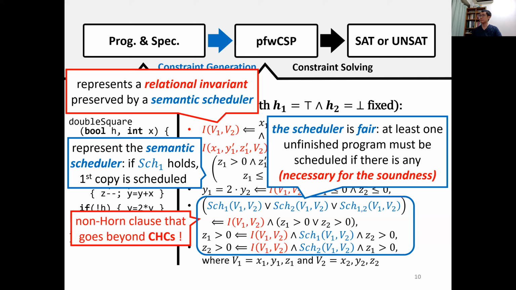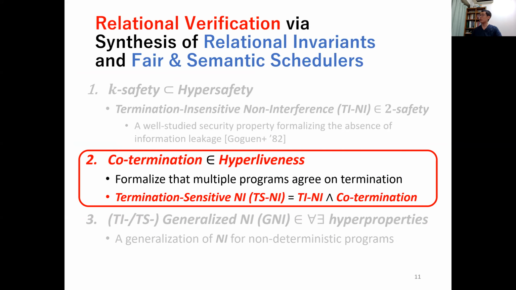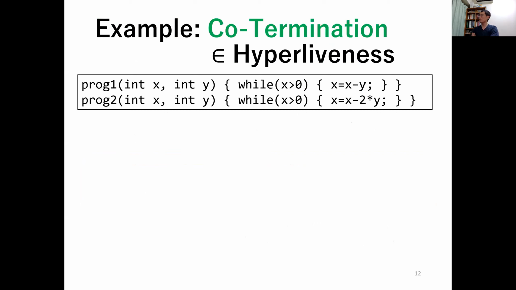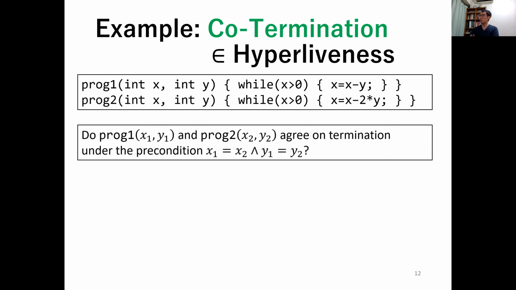Okay. So that's K-safety. Now we will look at the next class of hyperproperties, co-termination. As I said earlier, co-termination is a termination property for multiple programs. Here we look at two programs, and we want to know whether program 1 and program 2 agree on termination.